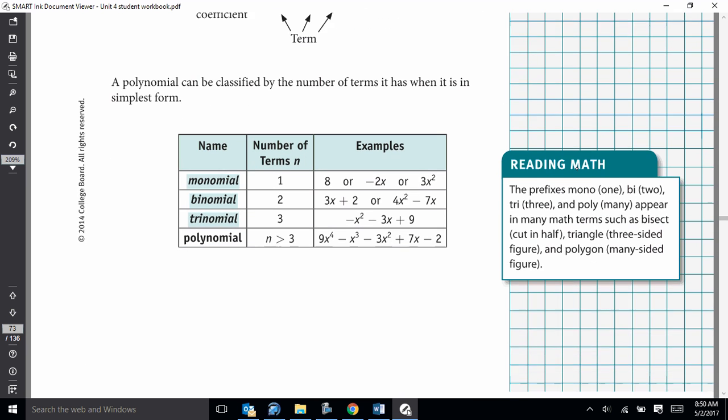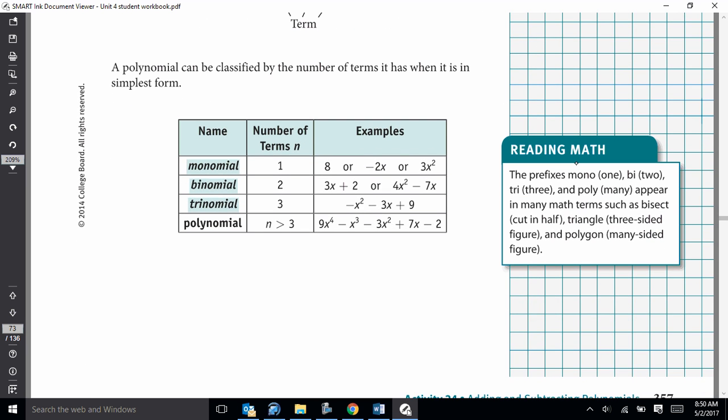All right, and then we have our table for how we name things. A one-term polynomial is called a monomial. A two-term polynomial is called a binomial, like bicycle, bifocals. And then trinomials, 3 terms, and then polynomial is anything more than 3 terms because mathematicians get lazy.